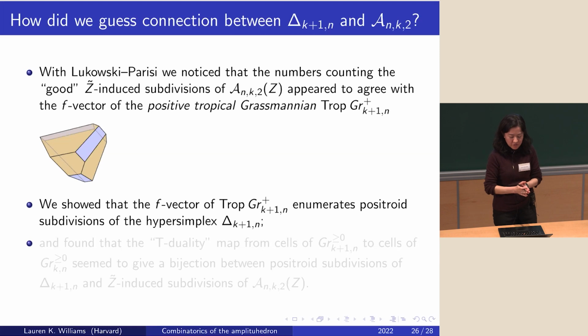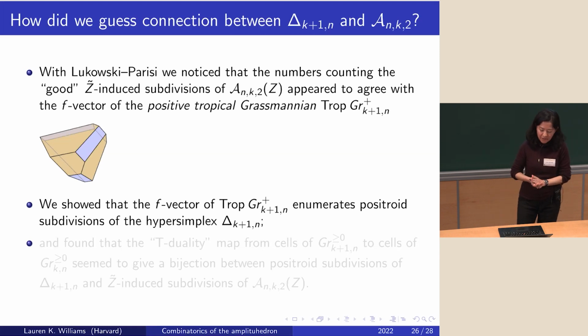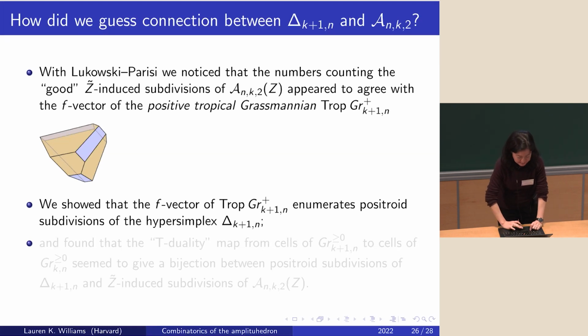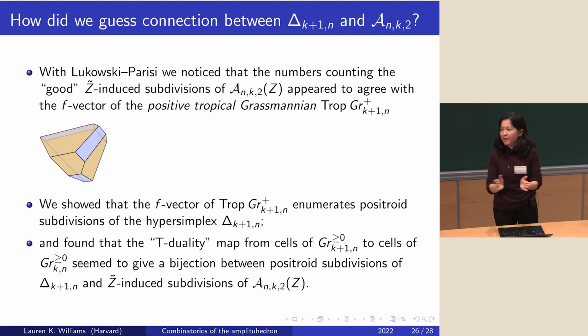And then we showed that those numbers enumerate subdivisions of the hypersimplex, and then made a bijection on both sides. So there was no expectation that the amplituhedron should be related to the hypersimplex, but it popped out from numerology.